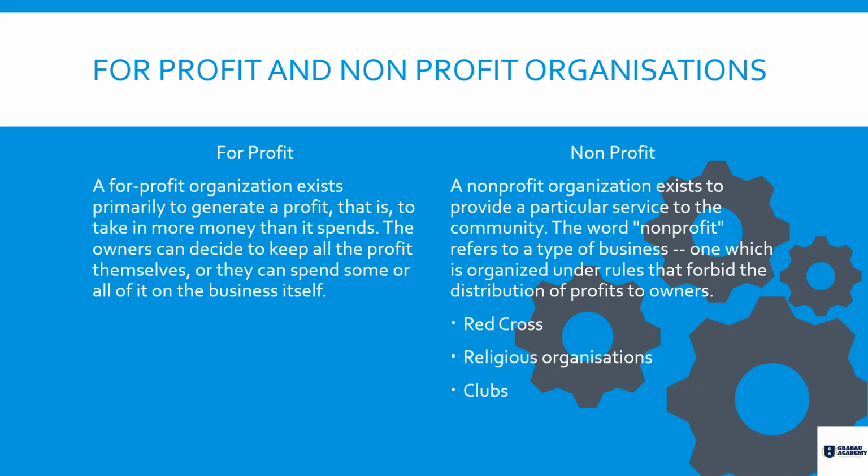And if it makes a profit at the end of the year, said profit must be reinvested in the company and not divided between the owner and the other shareholders. On the other hand, a for-profit company will get the profit and most likely it will be shared among its shareholders or its owner.